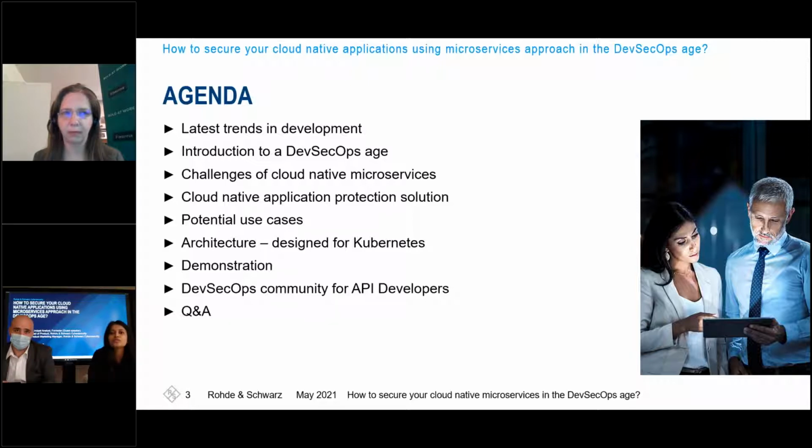Then we will introduce you to a cloud-native application protection solution, its underlying concept, some potential use cases, and how to integrate it in your existing Kubernetes environment to improve the overall security and scalability of your containerized applications. Then we will finally show you a demo on how to reduce false positive rate in the production phase. And then finally, a Q&A session.